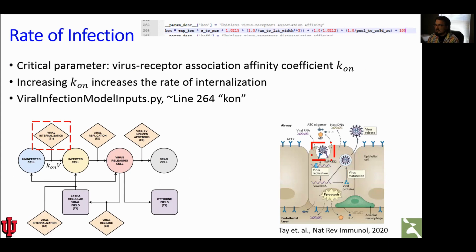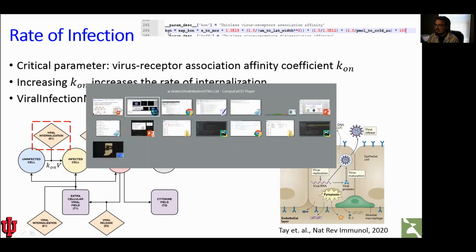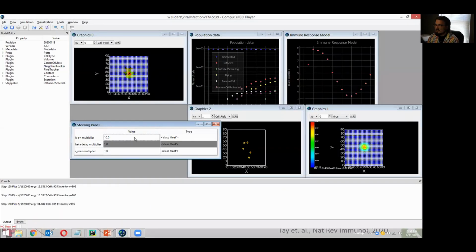And so the first one of interest, let's do some parameter variations using the steering panel. We have already previously talked a tiny bit about this parameter, K-on. It's one that's available in the steering panel.